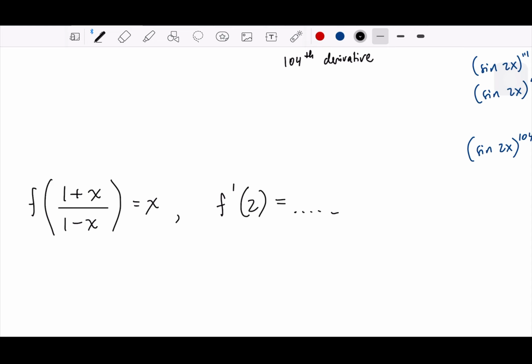I believe it's a more advanced question where you need to think in terms of how we can connect this 1 plus x over 1 minus x with x. Let me give you a couple of minutes to think about how this is going to result. What's the result?